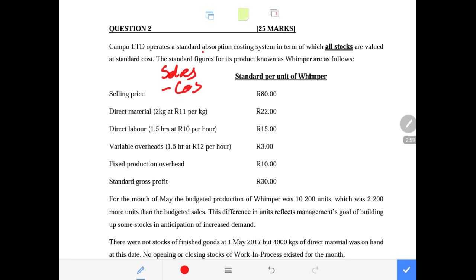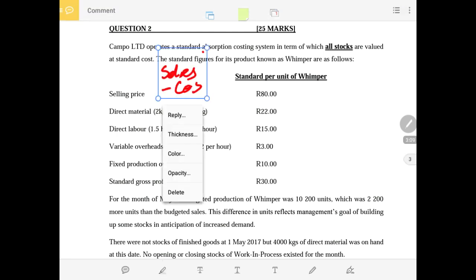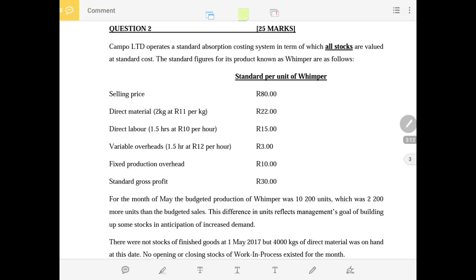But if it was marginal income statement or standard marginal costing system, then we would say sales minus variable production cost. So now let me perhaps try, as time progresses, to have a video on the marginal standard costing system.